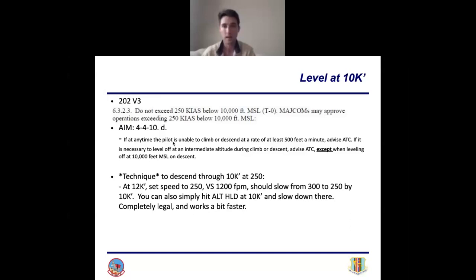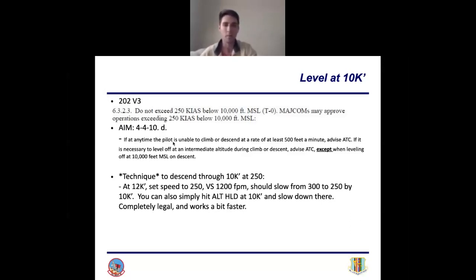Like I said, FLCH is going to sacrifice your pitch to achieve that. So you might hit FLCH and the airplane's going to level itself off to slow down. Momentarily that's fine, but if you have a lot of speed to lose, you might find yourself leveling off for a full minute, and an IP might be like, hey, are we legally allowed to be doing this right now?